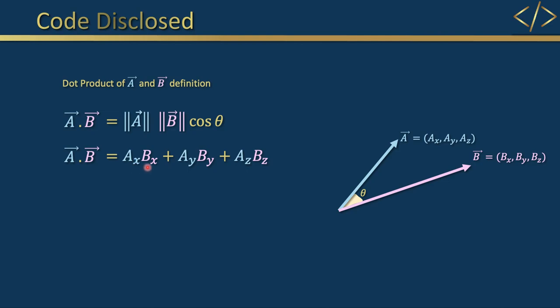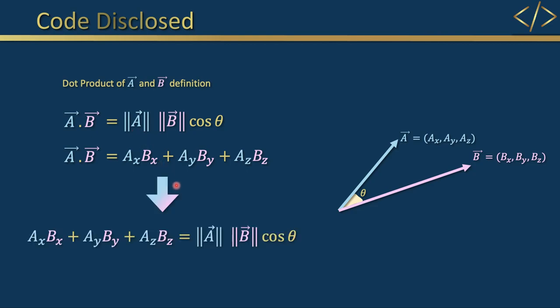So you have ax bx plus ay by plus az bz, and this will give us the dot product between these two vectors. You can see here that the left-hand side of these two equations is exactly the same thing, so you can equate the right-hand sides. So you can say that this side equals this side.